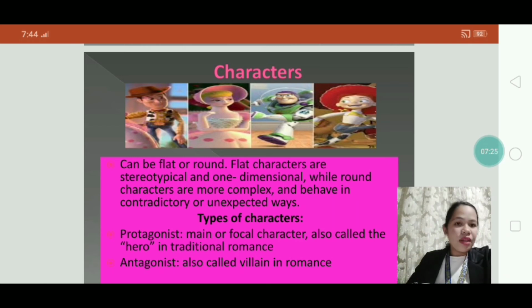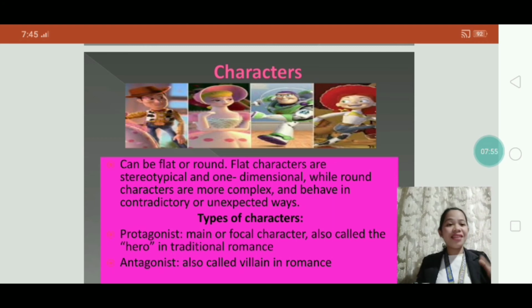Now, there are two types of characters. Of course, we have the protagonist, the main or focal character, also called the hero in traditional romance, and the antagonist, also called the villain in romance. Say, for example, who is the protagonist of the Harry Potter series? Of course, it is Harry Potter, because he is the main character.